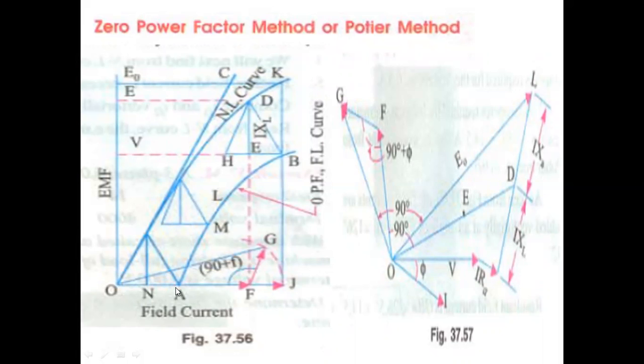At that time we will get the full load current and we will mark that on the field current line. So OA will be corresponding to the field current, which is equal and opposite to the demagnetizing armature reaction. For demagnetizing the armature reaction, these OA turns will be required.